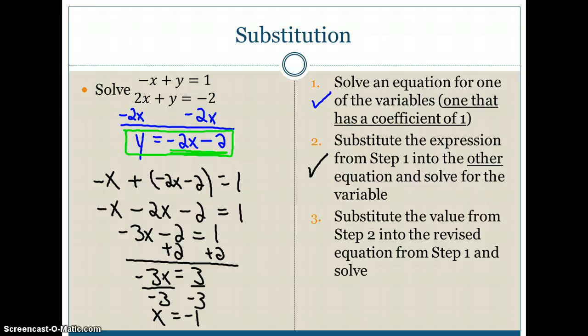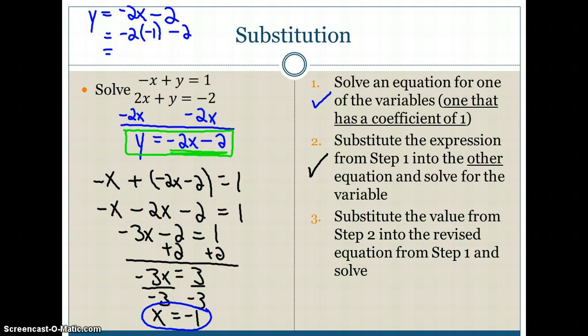Now we have to complete the third step, which is to substitute the value of x equals negative 1 back into the equation to get the other variable, the y variable. So in this case, we have y is equal to negative 2x minus 2. Well, x is negative 1, so this is negative 2 times negative 1 minus 2.